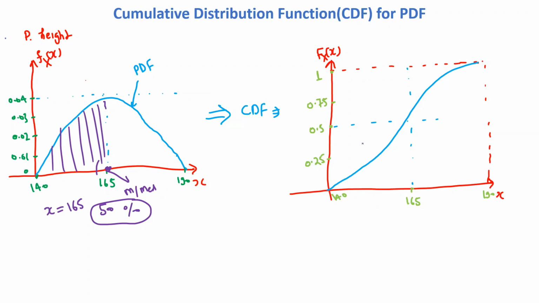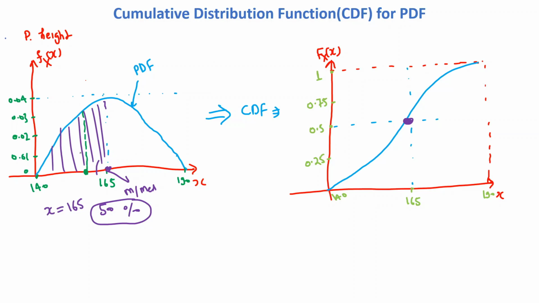So we can say that when the x is 165, this value would be your 0.5. It's the cumulative, because as we had discussed in our previous example, the cumulative distribution function covers the area. So the area covered at 165 would be 0.5. It means 50%.